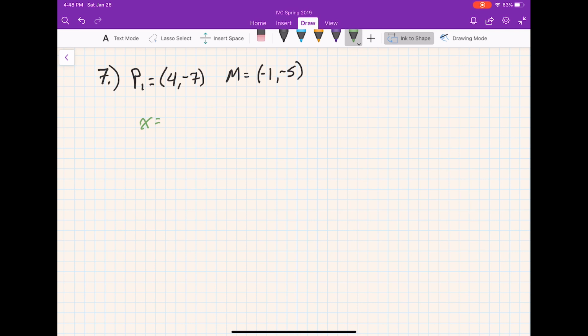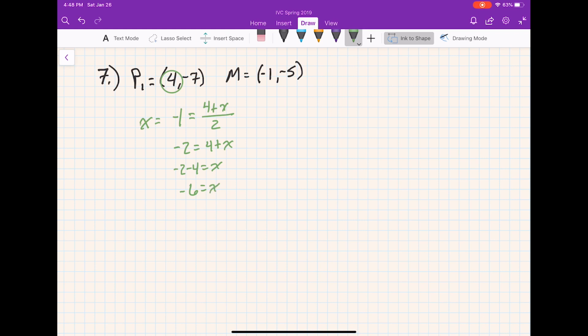Our x is going to be equal to this half of the midpoint formula: -1 equals 4 plus the coordinate we don't know, divided by 2. Here's where I got the 4 from. Multiply both sides by 2, and that means we get -2 equals 4 plus x. Subtract 4 from both sides, and that's going to be -6 equals x.